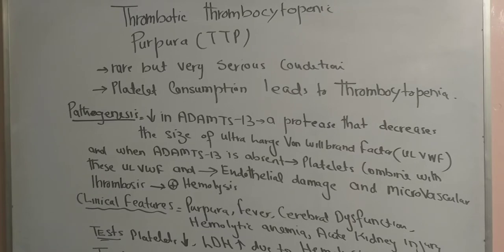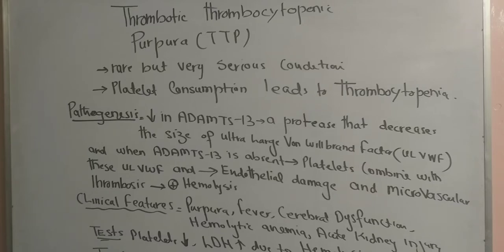Normally these are very large, and this protease does a very important function. It cuts down the size of the VWF so that these become hemostatically very fitting for the platelets to be attached, and this is how the process goes on.